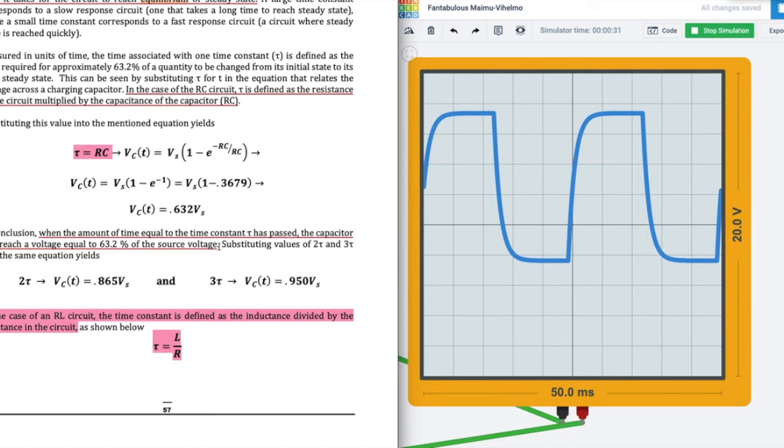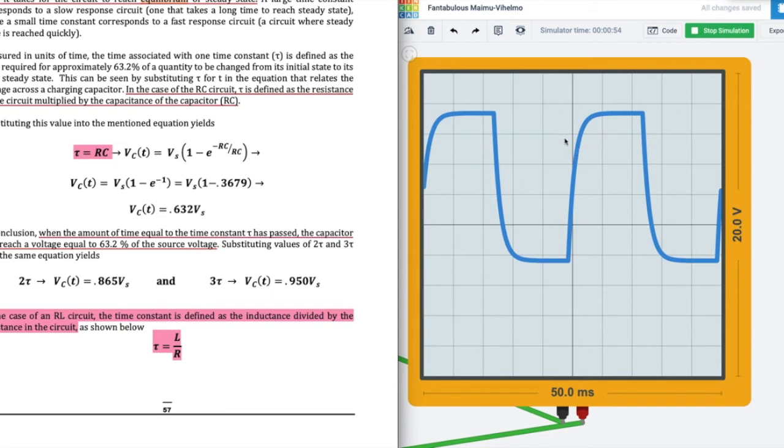So we just need to find the voltage that is 63.2% of 10 volt, which is 6.32. So we need to find a point where the voltage is equal to 6.32, and we find how much time it has passed on the x-axis.